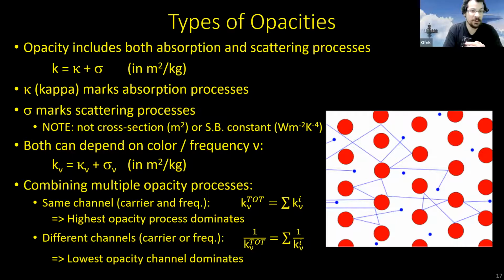So that's an example of different channels using the same carrier, photon, but at different frequencies. An entirely different channel is different carriers, for example, photons and electrons.